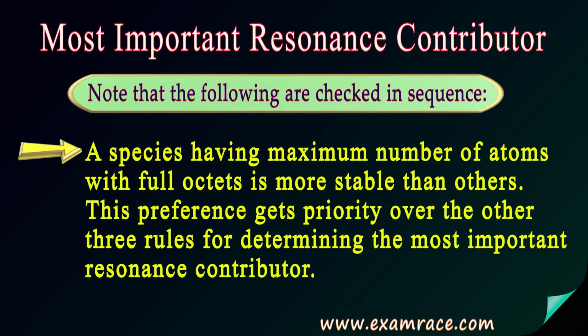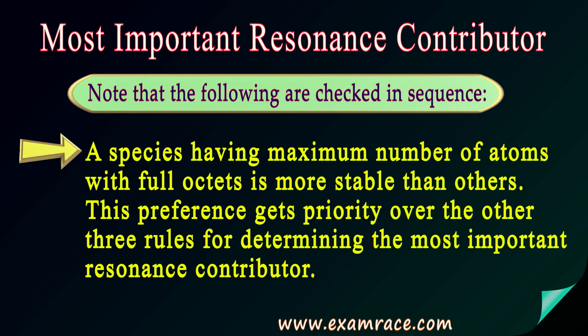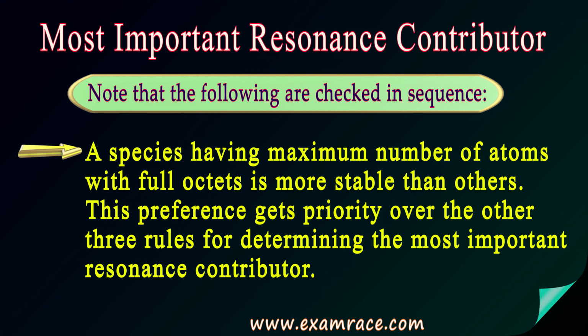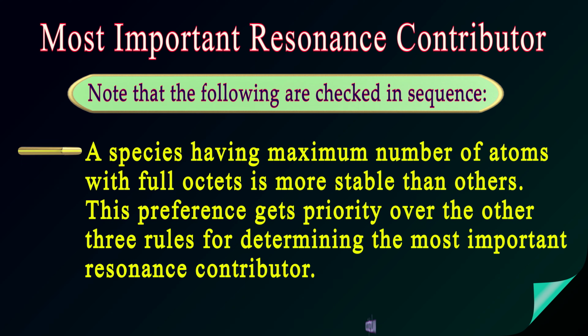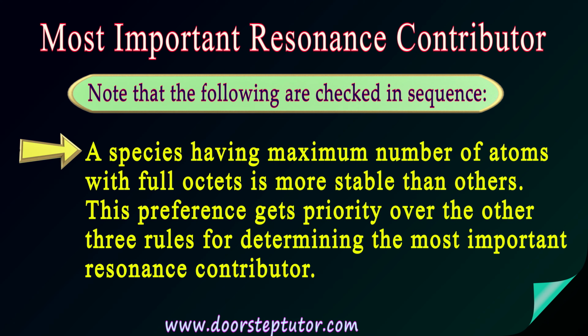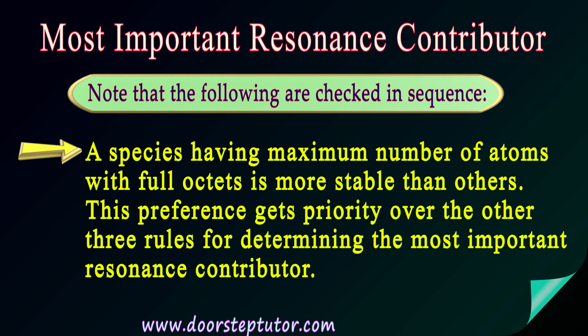They are always jumping or finding some other atom to fulfill their octet. So a species which has the maximum number of atoms with a full octet will be more stable, and this preference gets priority over the other three rules for determining the most important resonance contributor, which we have studied earlier in the previous slides.